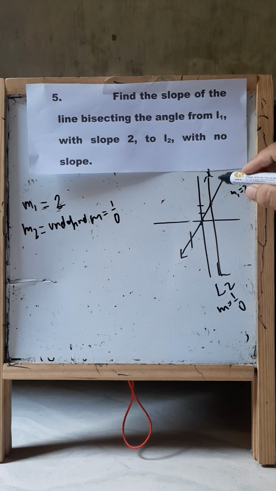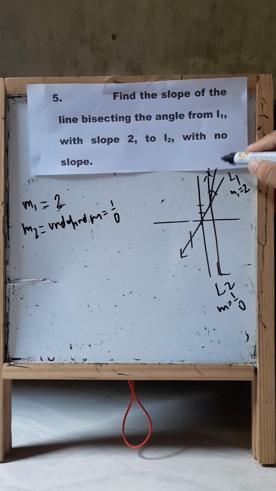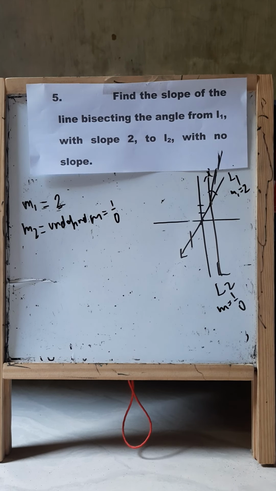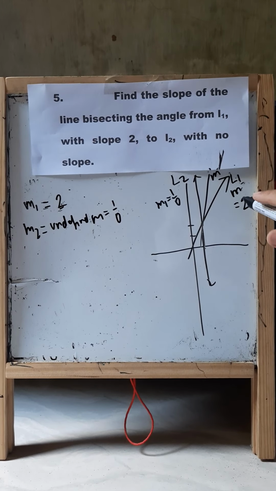So, if we're going to bisect this angle from line 1 to line 2, theta 1 is equal to theta 2. It's not very clear, so we will extend the line. As you can see in the figure, line 1 has a slope of 2.